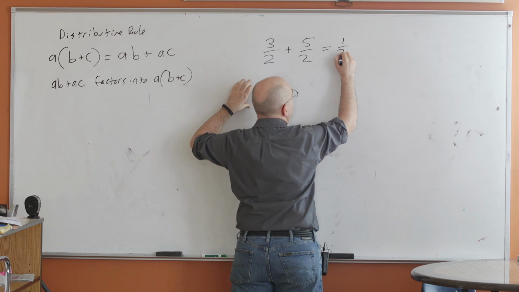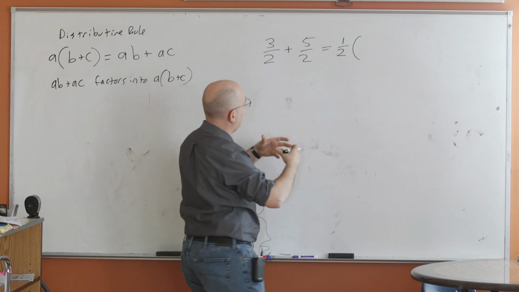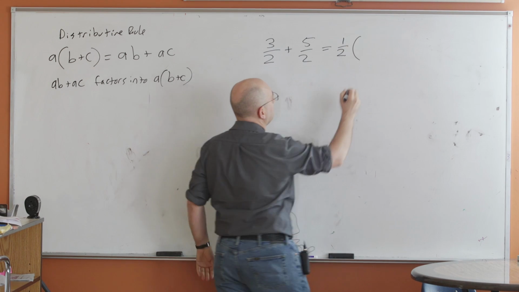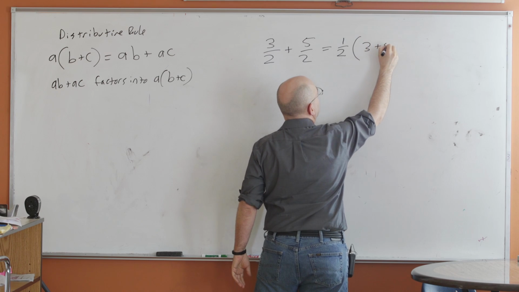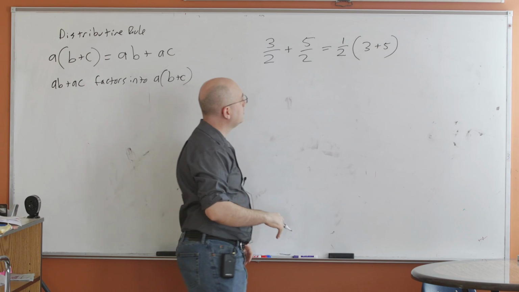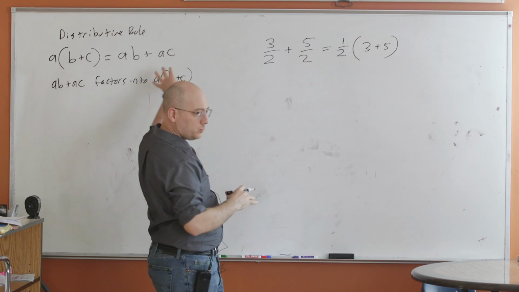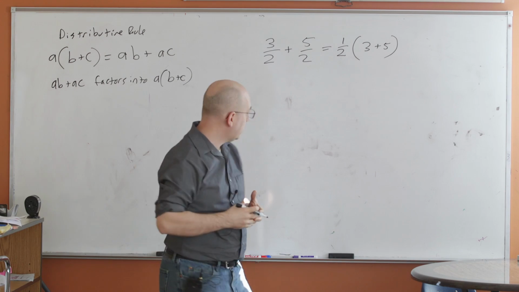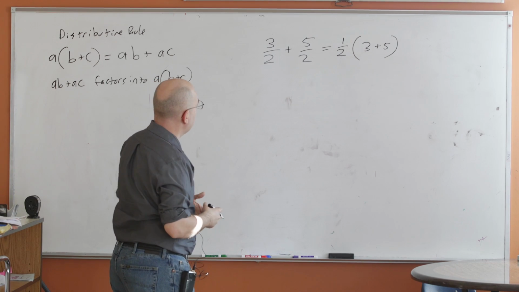Because this is the same thing as thinking of 1/2 as a number, and we have 3 plus 5. So that distributive rule is underlying a lot of fraction addition.